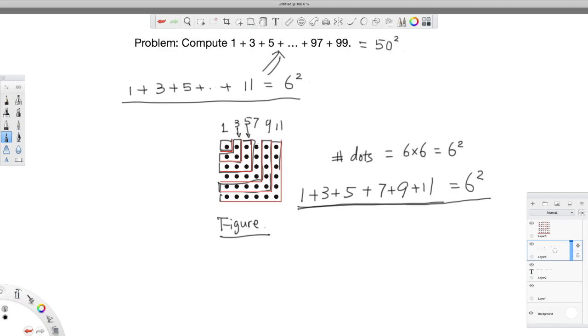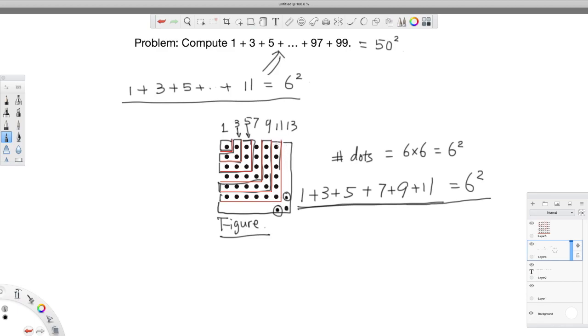Now how about the 7 by 7 square? We're just going to add another L shape, for which the total number of dots will be 13, because we effectively just increased it by 2 dots.